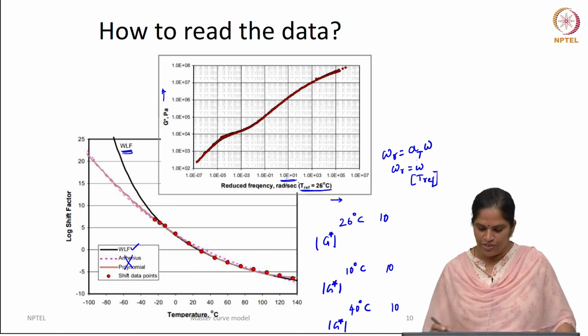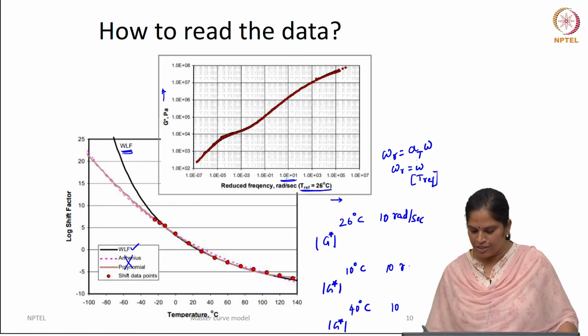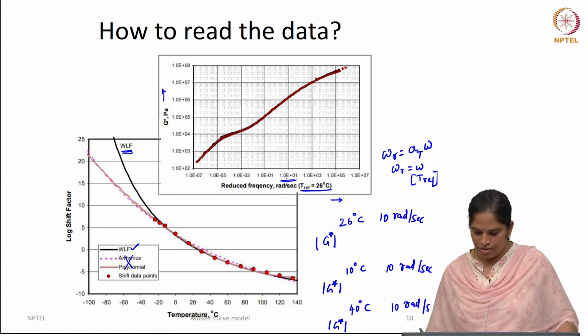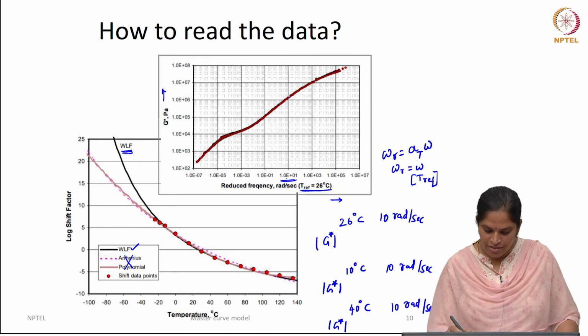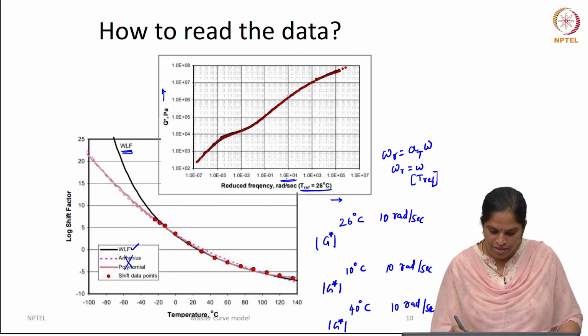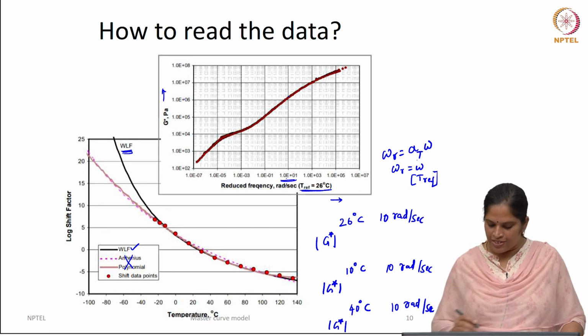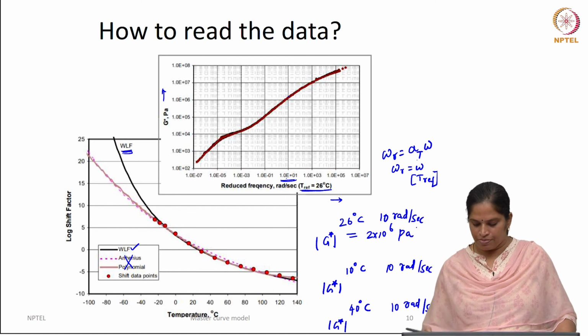The unit given is radians per second, so we will measure it for 10 radians per second. At 10 radians per second, the modulus value is somewhere near 2 into E6, so the modulus value is 2 into 10 power 6 Pascal.